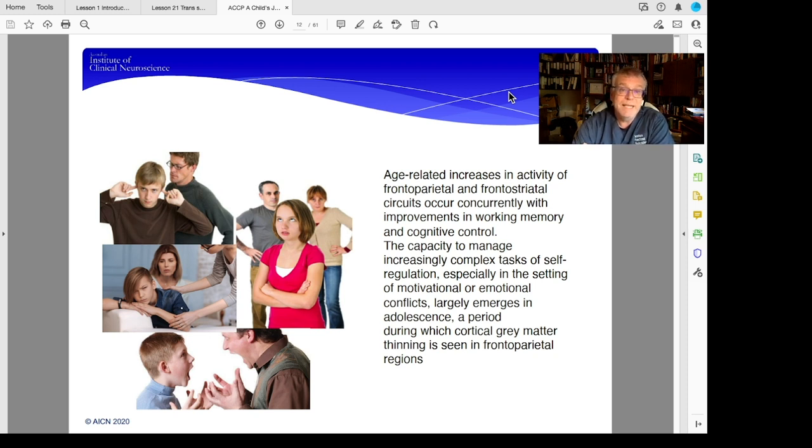But we can see that the conflicts that we're trying to resolve in adolescence do produce a variety of different behaviors, which are relatively consistent, even though there are many different types of behaviors that happen in adolescence.